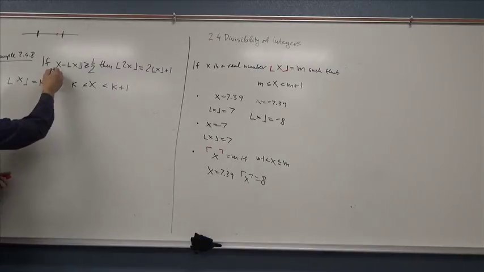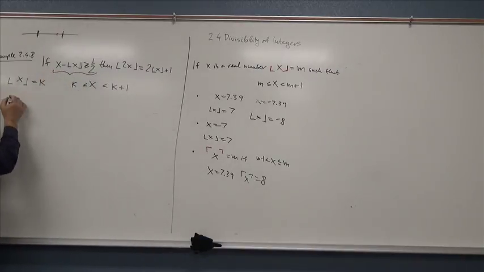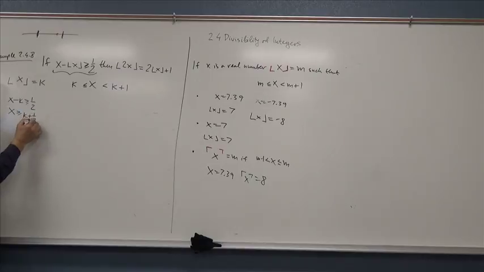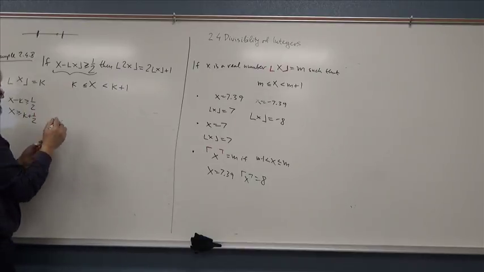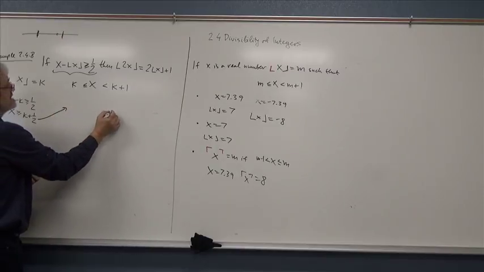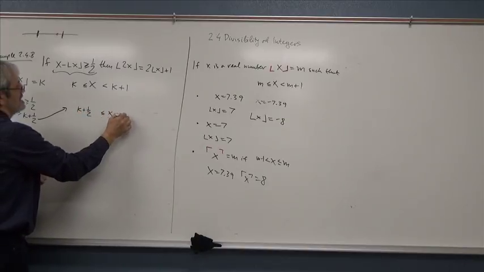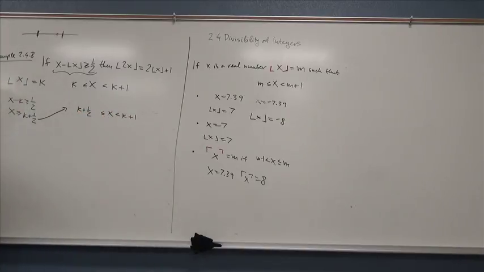But actually, they gave me even more here. They said x minus k, because floor of x is k, is greater than or equal to a half. So actually it tells me that x is greater than or equal not only to k, but to k plus 1/2. So I know more. This gives me that x is between k plus 1/2 and k plus 1. Now this is an inequality with standard algebraic operations that I know from before.